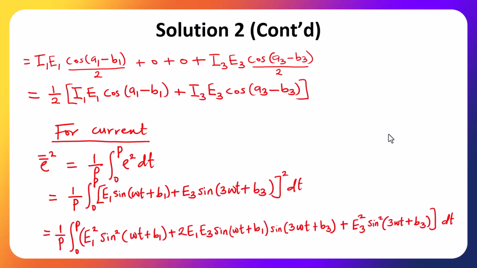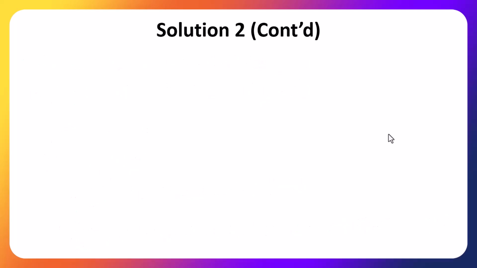If we expand, we will have 1 over P integral from 0 to P of E1 squared sine squared omega t plus B1, plus 2 E1 E3 sine omega t plus B1 sine 3 omega t plus B3, plus E3 squared sine squared 3 omega t plus B3, dt.